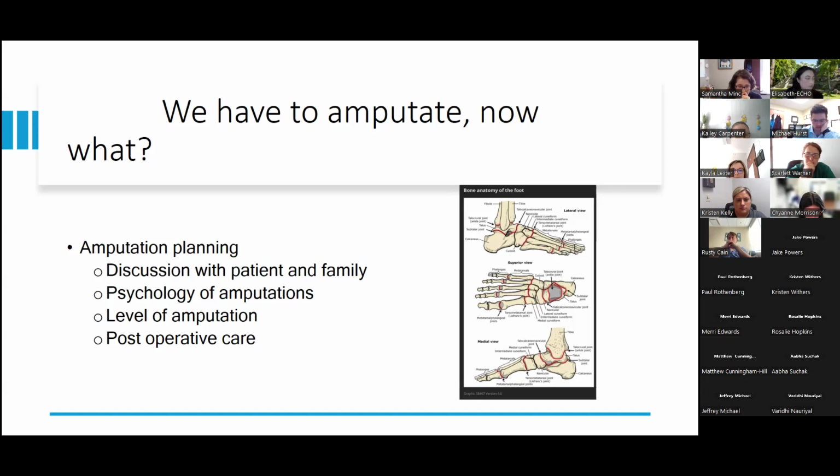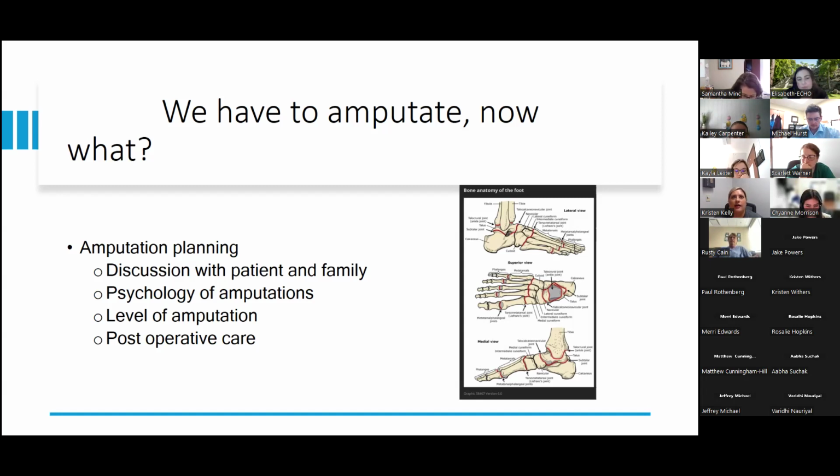So, how much is it going to affect their daily life? How much is it going to affect their gait, how they walk, how they get around? Obviously, that's going to depend a lot on at what level you're performing the amputation. But it is certainly a discussion that needs to be had with the patient and their family.